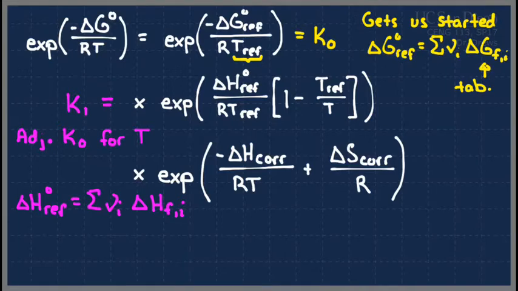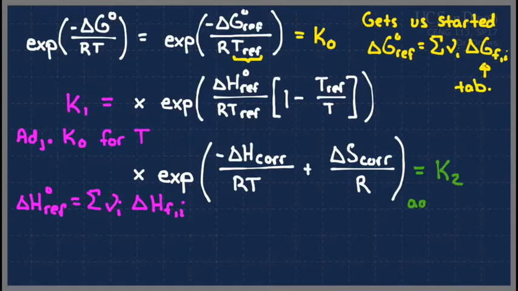The last step that I have to do is this: by the time I get to that particular step, the delta H ref, I have assumed that that is constant. And it's usually not constant. It's usually a function of temperature. And that's what this last one does. This last one is a correction that we call K2.